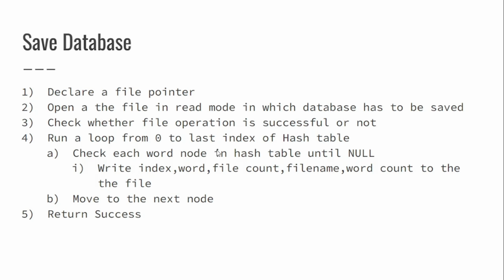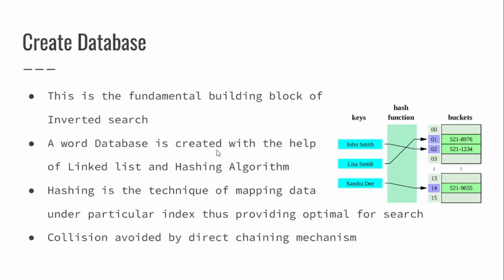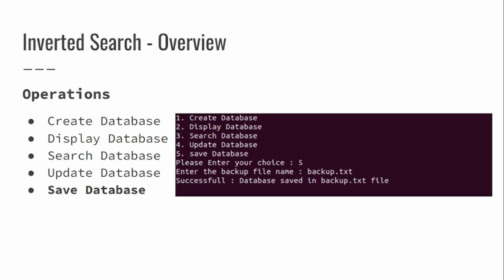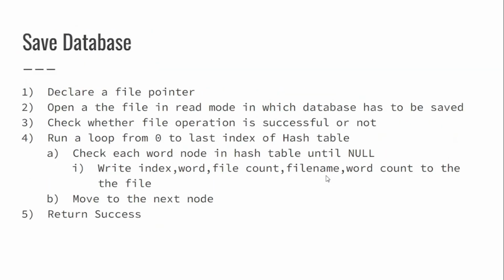So coming to the save database function. In the save database function, we are giving a file name of .txt. So we are using a file pointer. With the help of a file pointer, we are opening a file in write mode in which the database has to be saved.